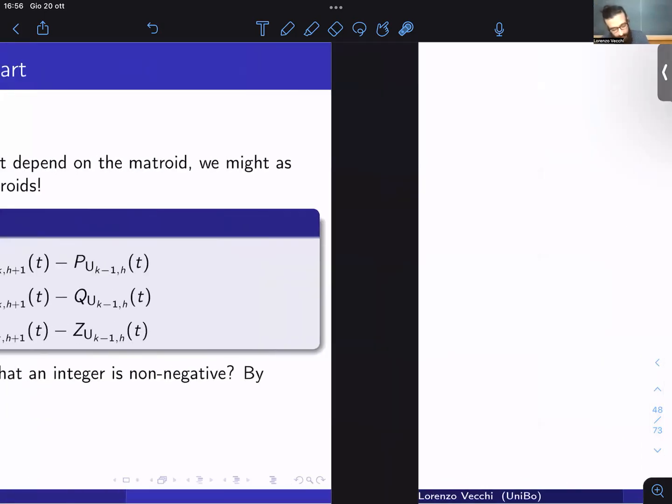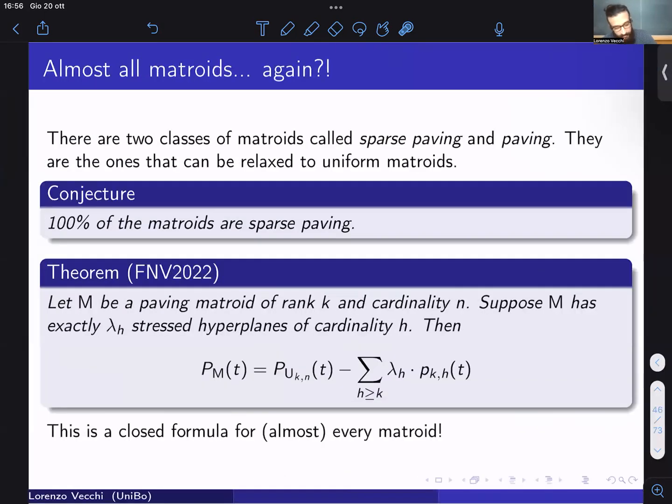Oh, yes, thank you. So sparse paving are a subclass of paving matroids. Paving matroids are the ones where I have only stressed hyperplanes. In sparse paving matroids, I only have circuit hyperplanes. So in here I have stressed hyperplanes. In here I have circuit hyperplanes.